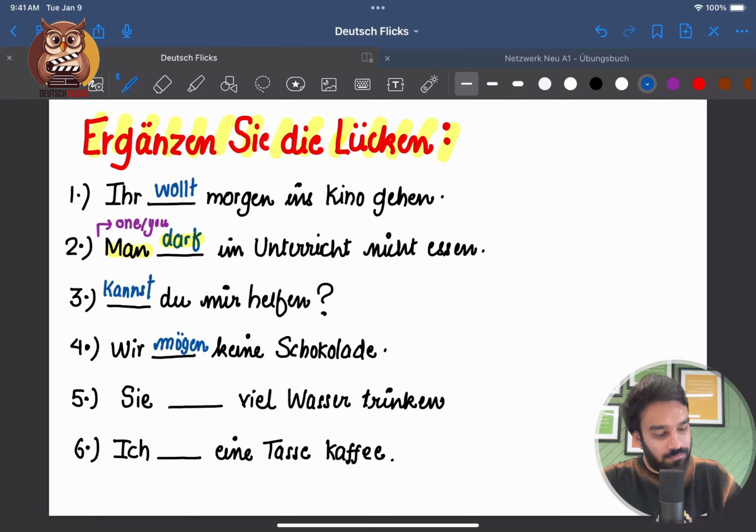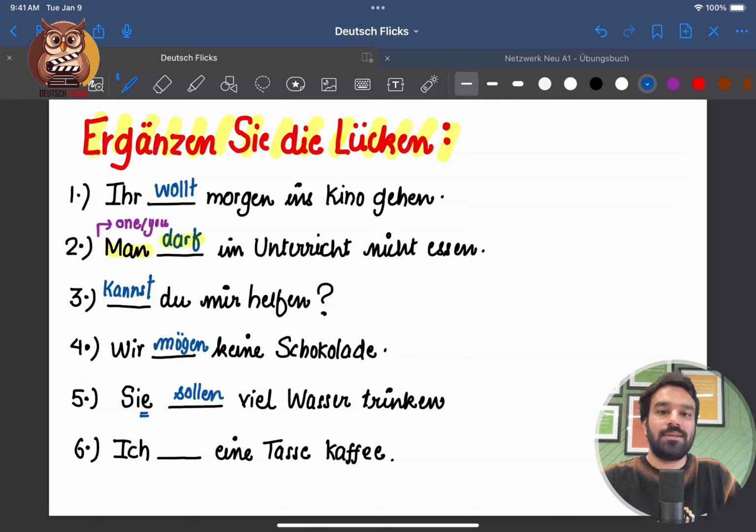Nummer 5. Sie Lücke viel Wasser trinken. It appears to be an advice, suggestion. For that we use the verb sollen. I'm considering that this Sie is you formal, so I'll say Sie sollen. You should drink a lot of water.